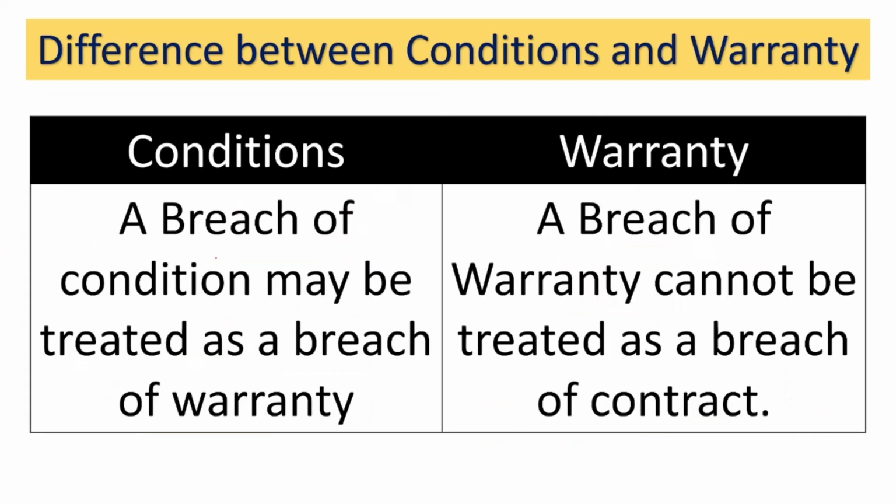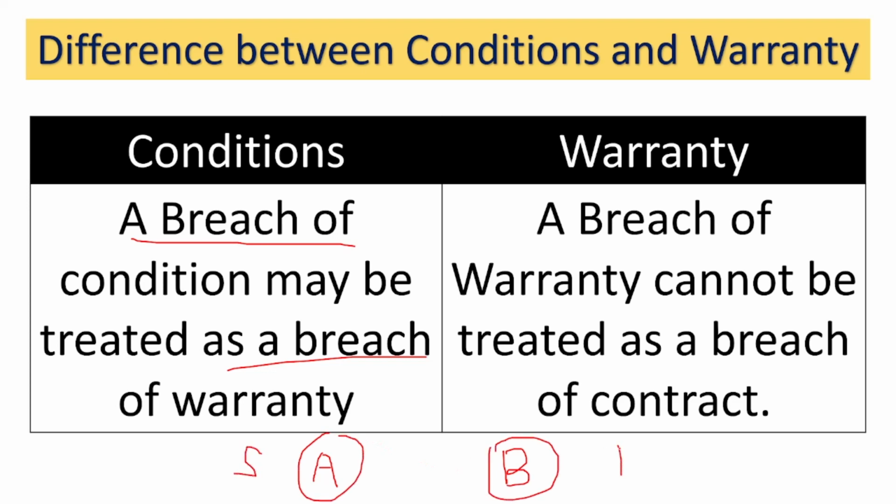The third difference is the breach of condition may be treated as breach of warranty. Now let us take an example. There is a person A and person B. Same example, A is a seller and B is a purchaser, means buyer. A would have signed a contract with B to sell the TV. He does not sell the TV at all.